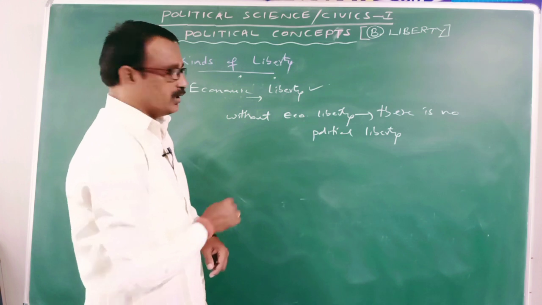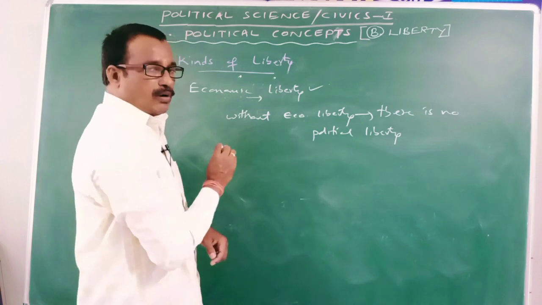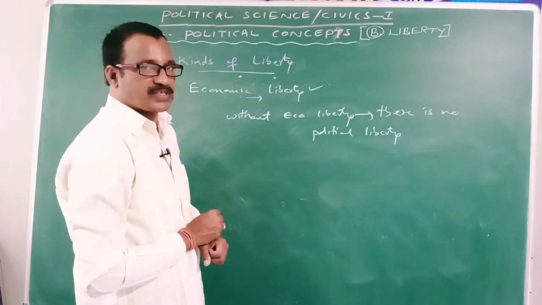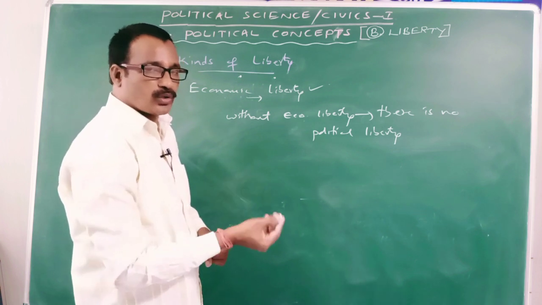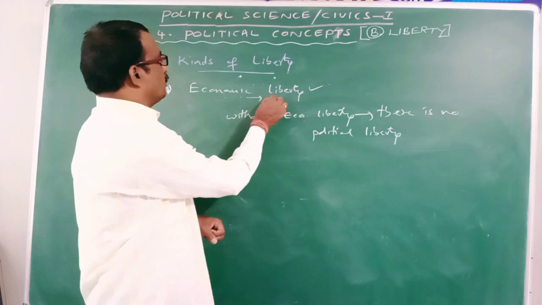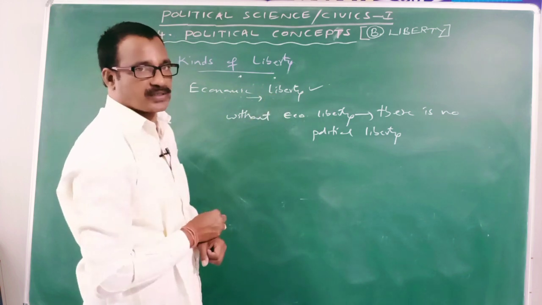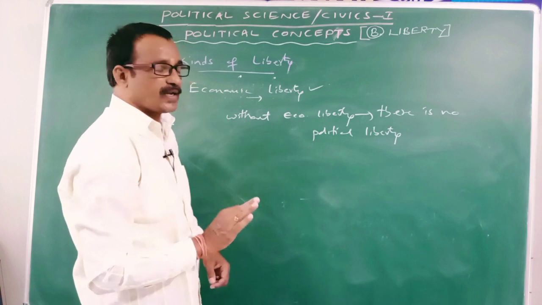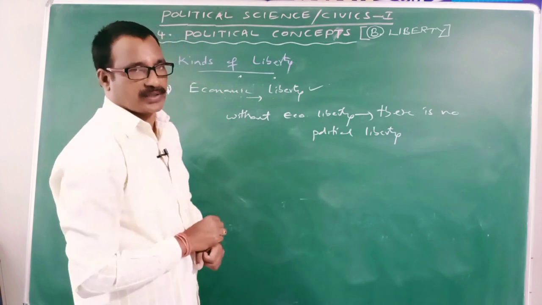How can we say? If the people are economically self-sufficient, they will be able to enjoy their political liberty in terms of elections, but poor people cannot enjoy their political rights, especially in terms of elections. Clear?